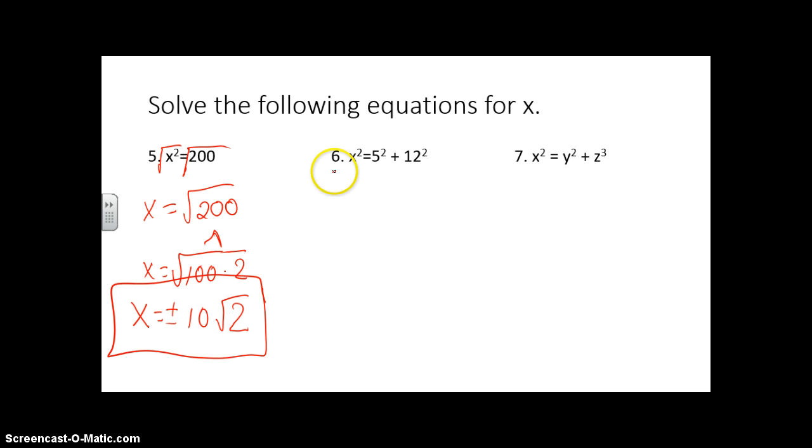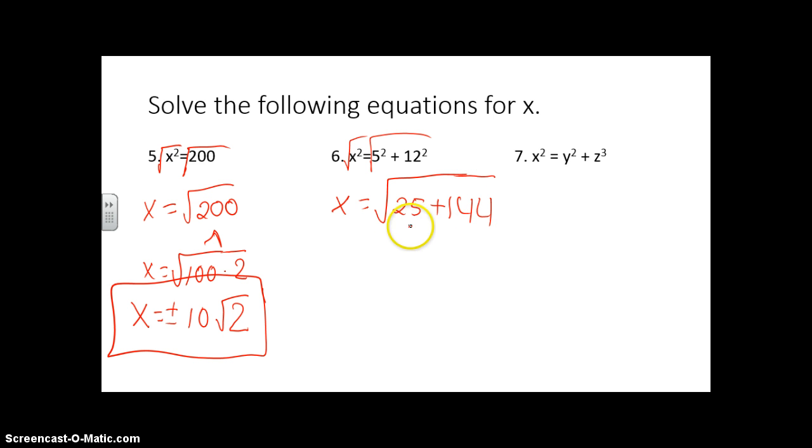Let's look at 6. We have x squared equals 5 squared plus 12 squared. I'm going to take the square root of each side. The square root of x squared gives me x equals, under the radical sign, 5 squared gives me 25 plus 12 squared gives me 144.